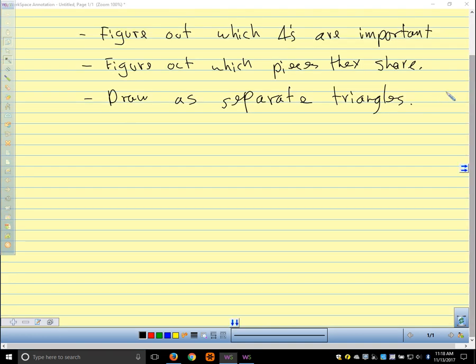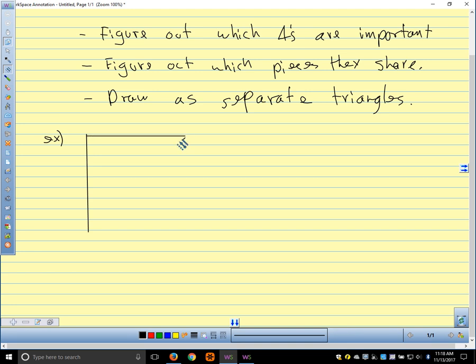So I just want to go through a few examples. This first one, we just want to pick out what the triangles share. So my drawing is going to look like this. There's one triangle, and then there's the other triangle that overlaps.